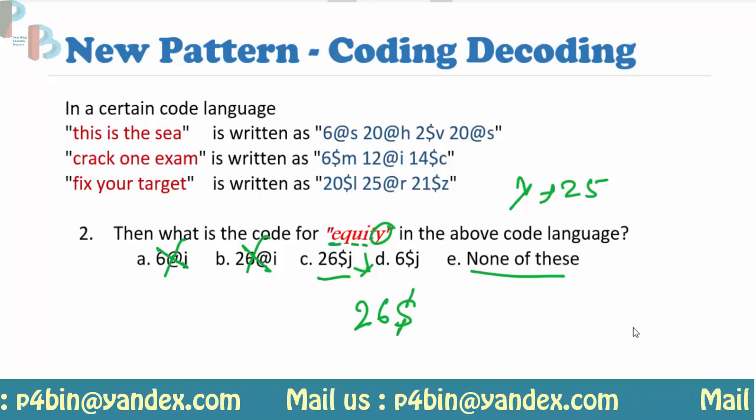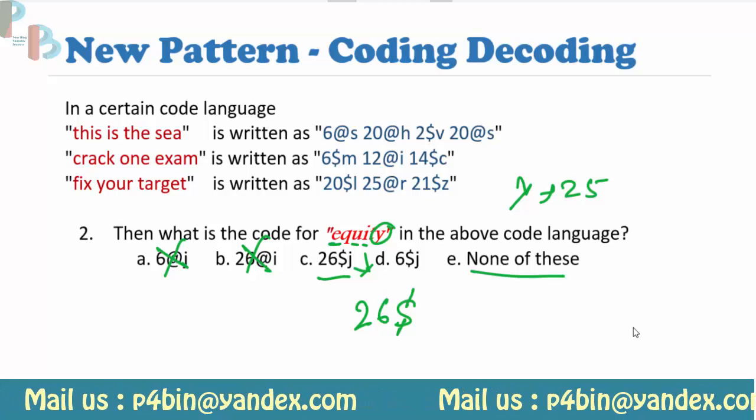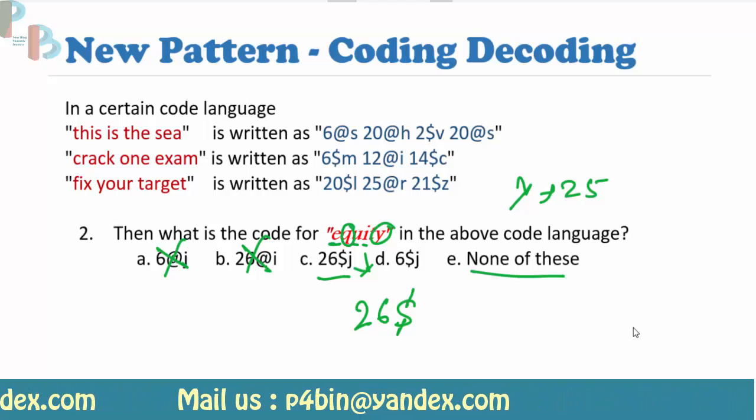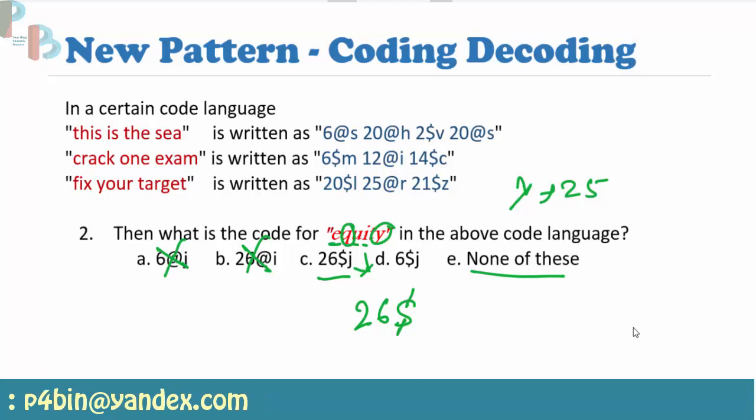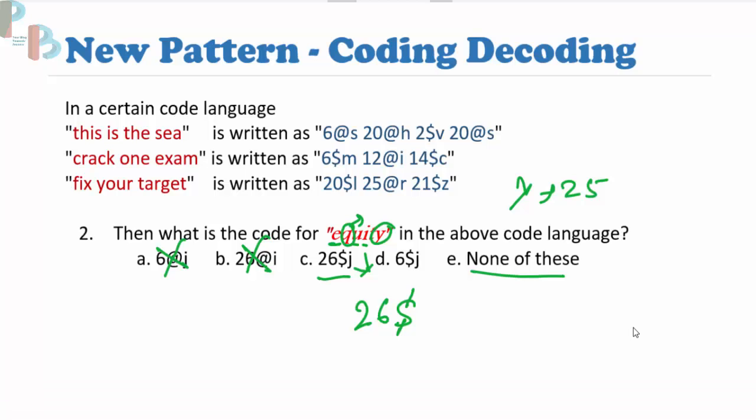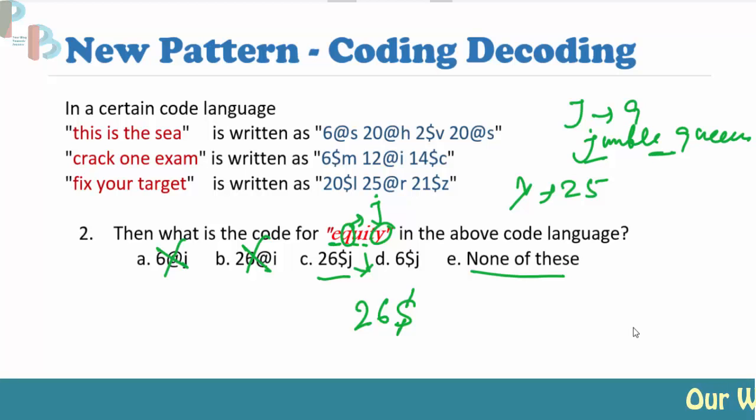So be careful here. Now the second alphabet in the word is Q, and the opposite letter to Q is J. The trick to remember J and Q, as you know, you may pronounce it as jumble queen, then you can easily remember J to Q, right?